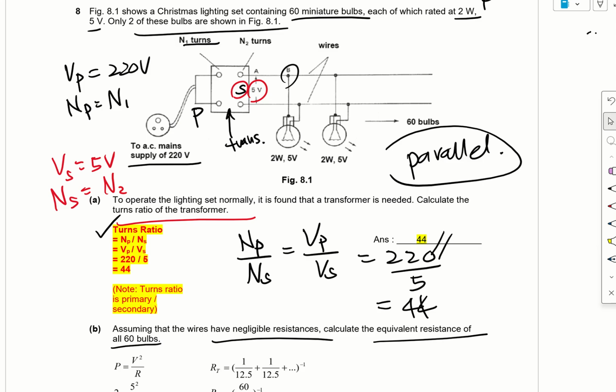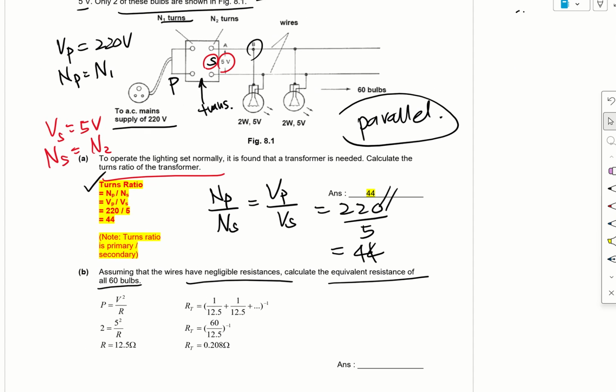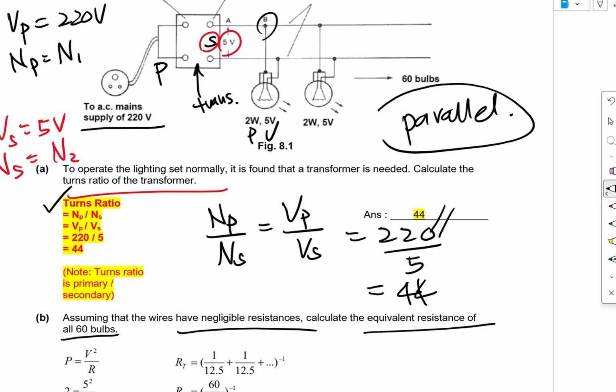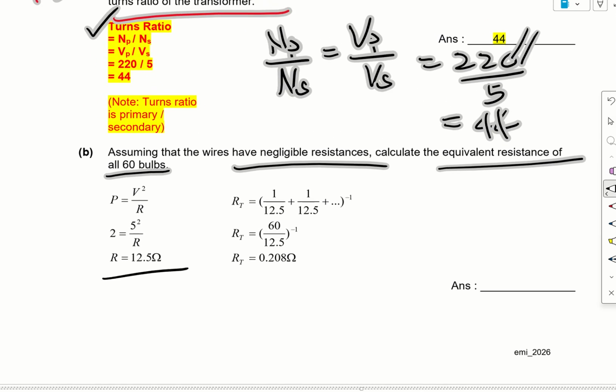This also allows some patterns to be formed, because this is Christmas lighting. Because we know the power and the V, we use P equals V squared over R to find the resistance, which is 12.5 ohm.